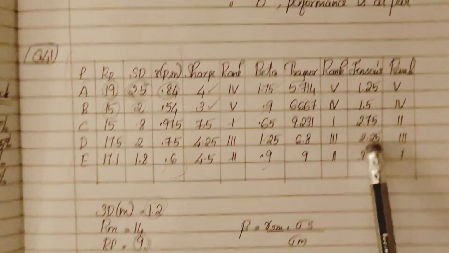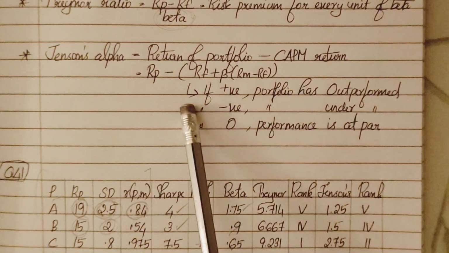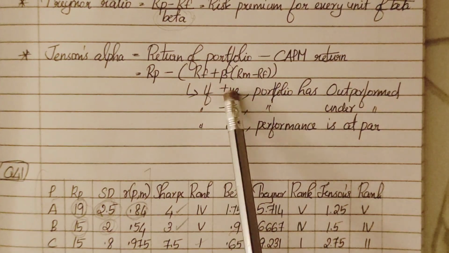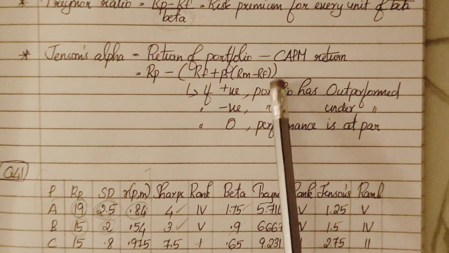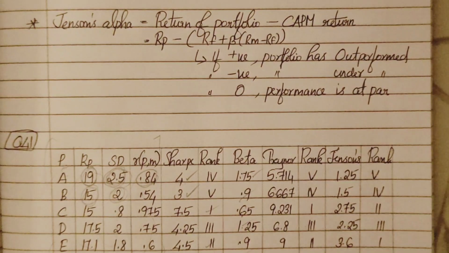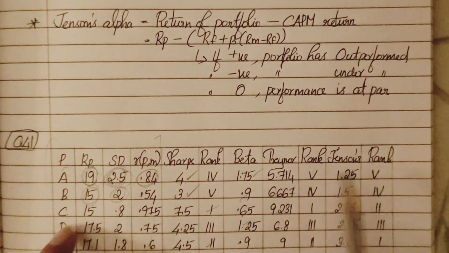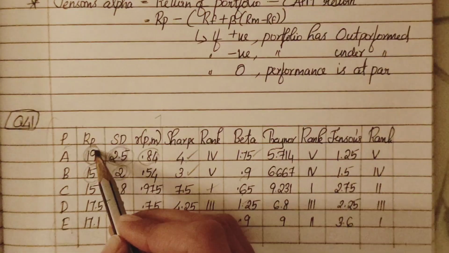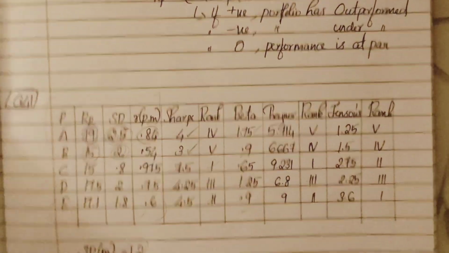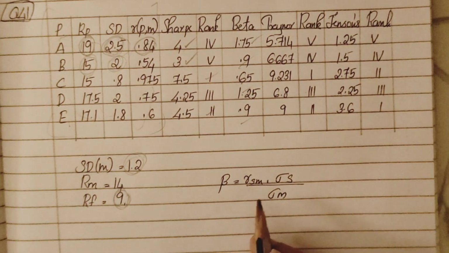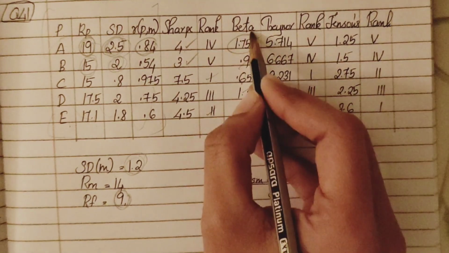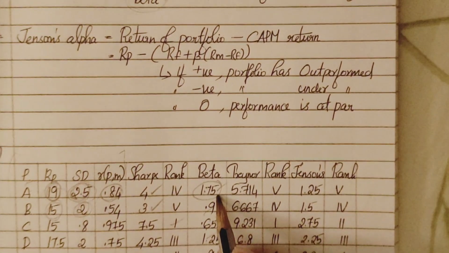Jensen's formula. So Jensen's formula is return from portfolio minus risk-free rate plus beta into return from market minus risk-free rate. So return from portfolio is 19 minus risk-free rate 9 plus beta, which we already computed for each, 1.75, into RM minus RF.